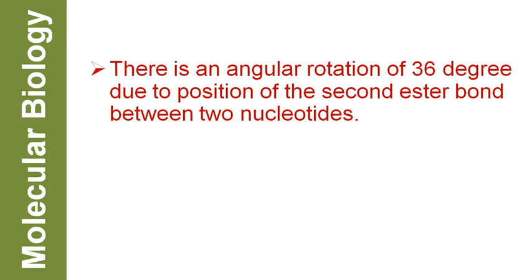There is an angular rotation of 36 degrees due to position of the phosphodiester bond between nucleotides. Generally, people ask why this DNA double helix becomes right-handed helix, how it bends. So this bending is because of the position of the phosphate diester bond formation. And this angle is 36 degrees, so 10 base pairs makes a complete turn of 360 degrees.